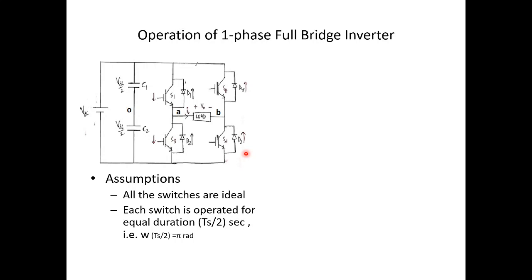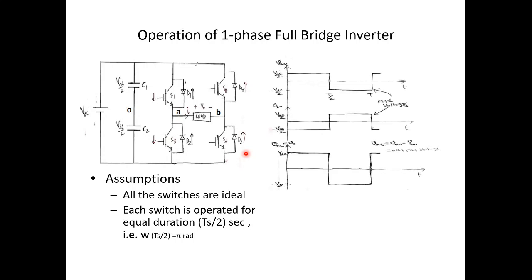Now for Ts by 2 seconds, that is for the first half cycle, let me assume that the top switch of leg 1 and the bottom switch of leg 2 are conducting. Then the corresponding voltage across the load you can find out from the pole voltages.